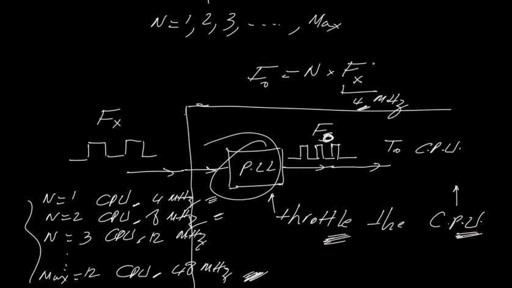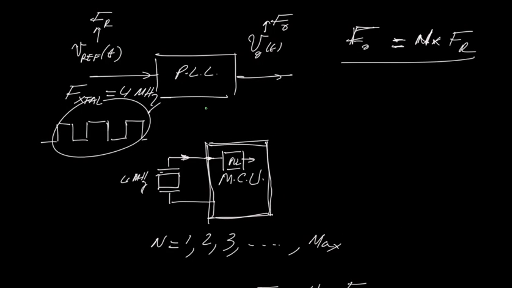This is an interesting application of PLLs. PLLs are also used in FM modulators and demodulators. They're widely used in communication systems. I just found this very simple case where you can easily understand how the PLL allows you to control the speed of, say, a microcontroller unit.